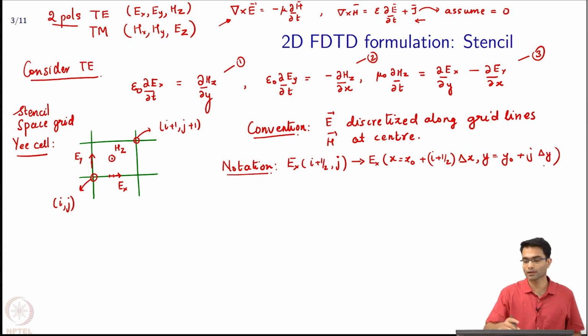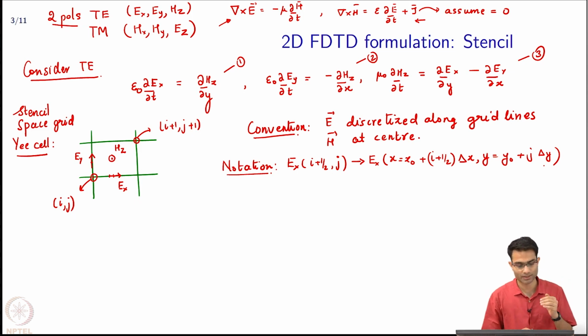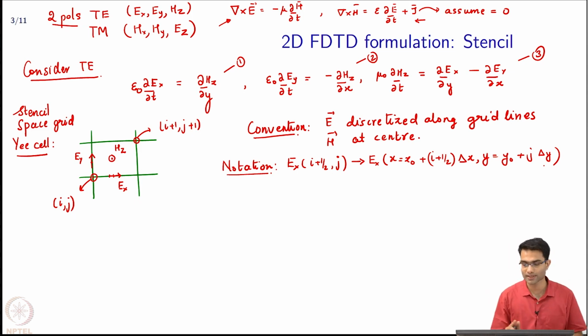So, instead of writing this very long right hand side, I just use this shorthand for the left hand side. Ex is not evaluated at integer x's, but it is evaluated at integer y's. That is why it is i plus half.